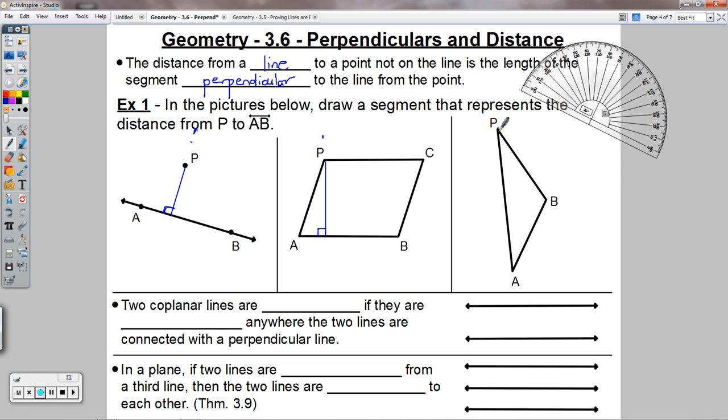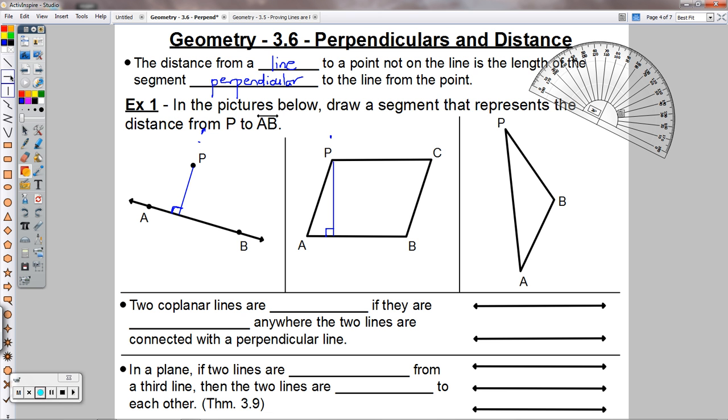So if the perpendicular distance from P to AB doesn't actually touch line AB, you are allowed to think of it like this, to extend this out farther. So assume that this line goes out farther than what you actually see. This segment goes out farther, and keep it perfectly straight there.